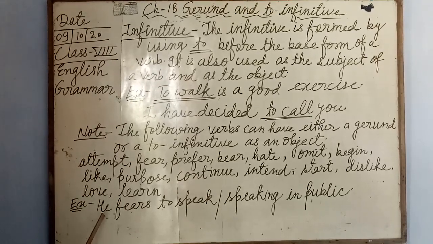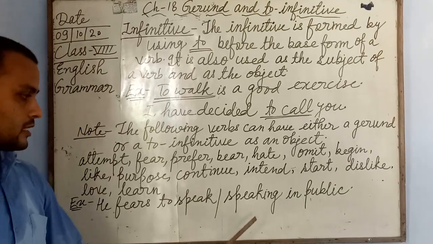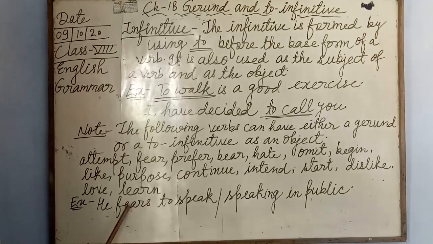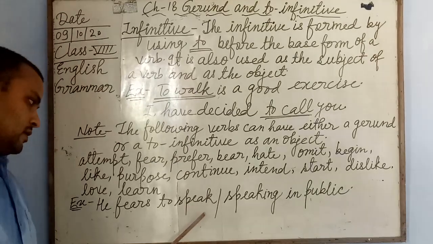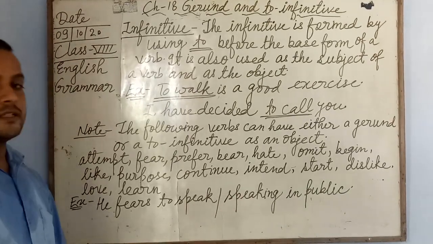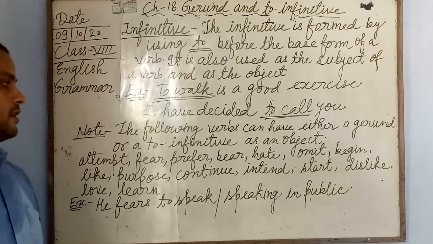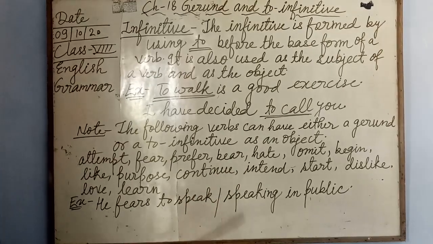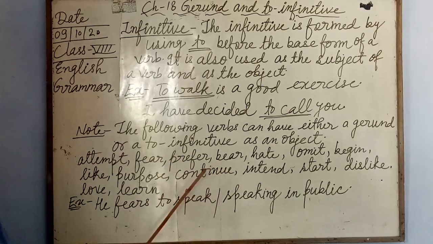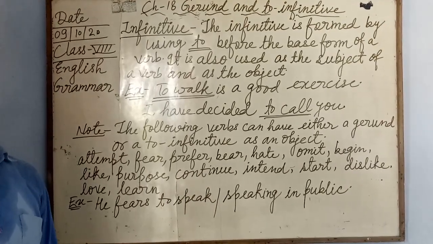For example, he fears to speak or speaking in public. Means when we use the verb fear, after fear we can use infinitive or gerund. We can use both here.